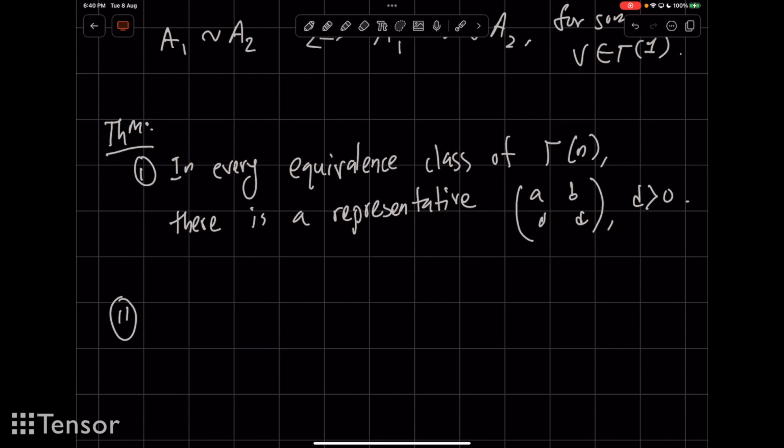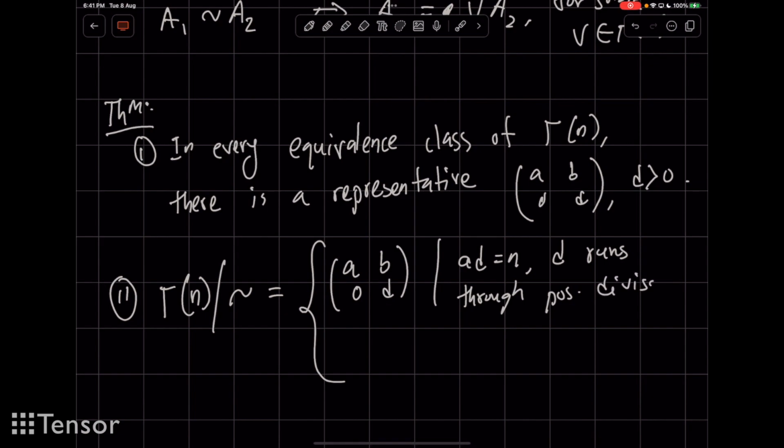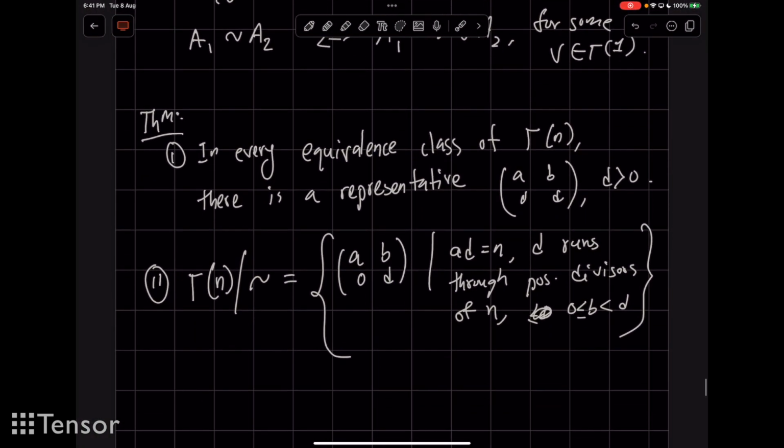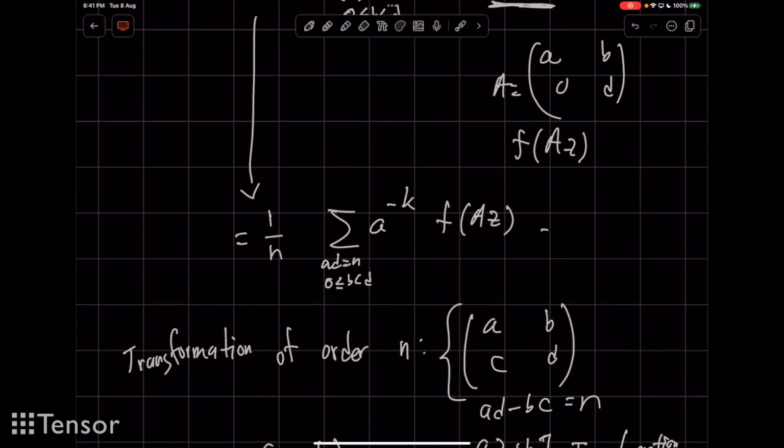The second part says that if we mod out gamma of n by the equivalence, then this is precisely the set of all the matrices (a, b; 0, d) such that ad equals n, d runs through positive divisors of n, and b is between 0 and d. And this should look familiar, because in this sum, ad equals n and b is from 0 to d.